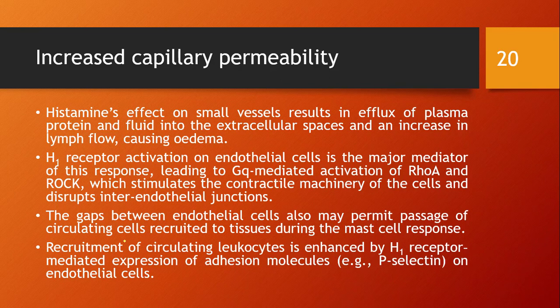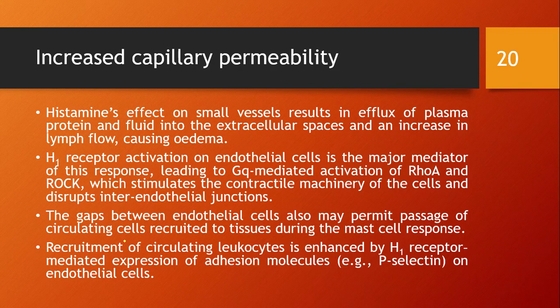So what we mean to say is that when histamine acts on the H1 receptor, the gaps between the adjacent cells that form the lining of the capillary endothelium increase, and as the gap increases, whatever contents are there in that small blood vessel come out.